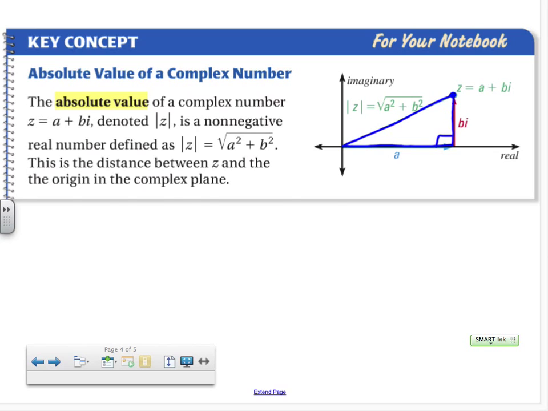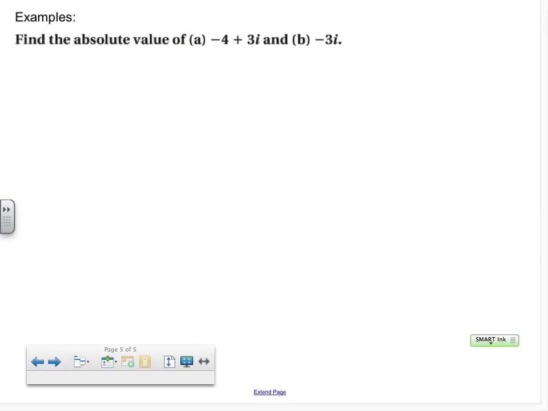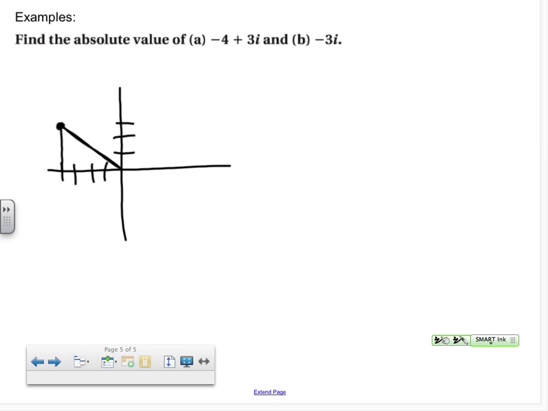So let's look at an example. Find the absolute value of negative 4 plus 3i and negative 3i. So we can graph this out if we want to. I'm going to do a rough sketch. Negative 4 plus 3i will be right here. Our right triangle that develops will have legs of 4 and 3.